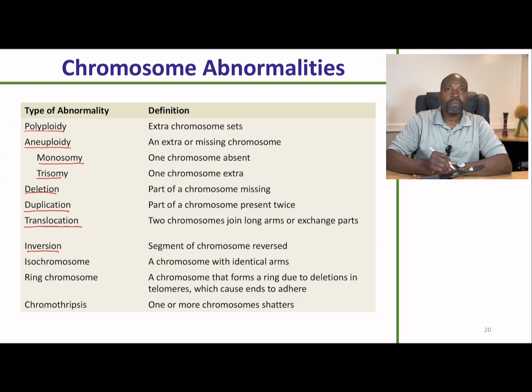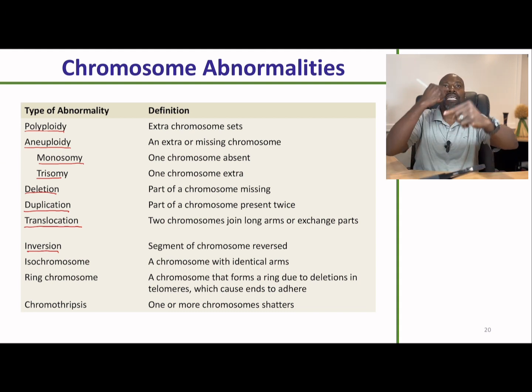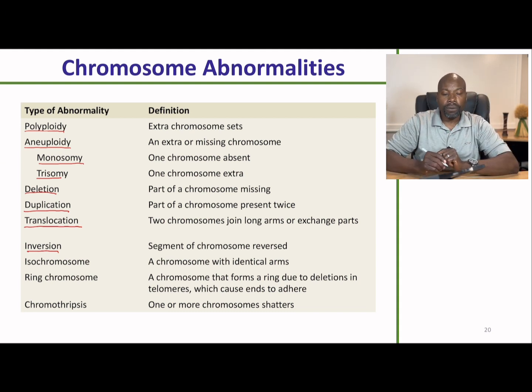Inversion, it's a form of translocation where you actually have an inversion. So instead of reading A, B, C, D, it's going to read A, B, D, C, right? We are going to take a look at that.